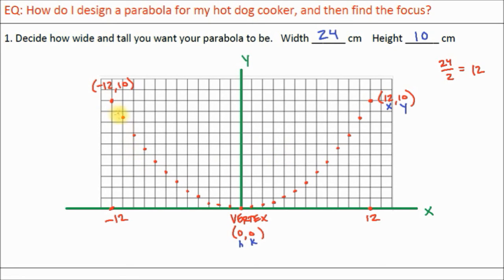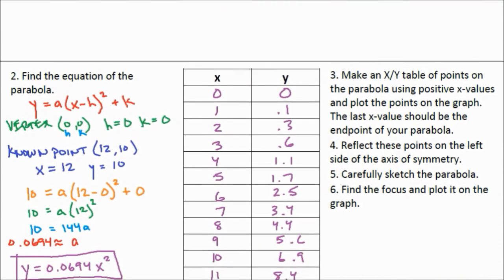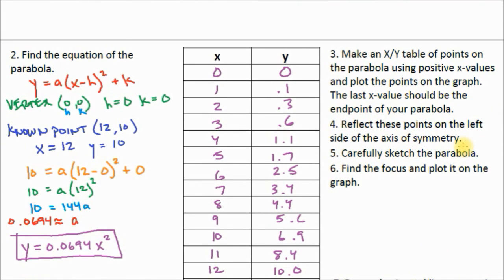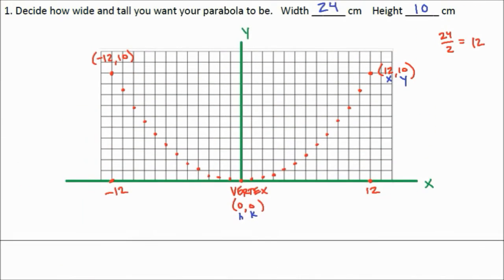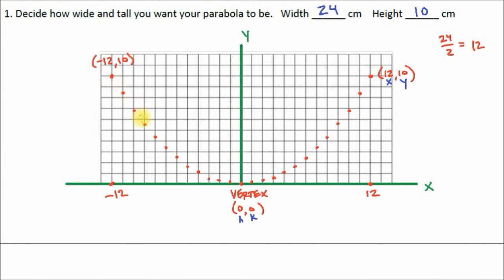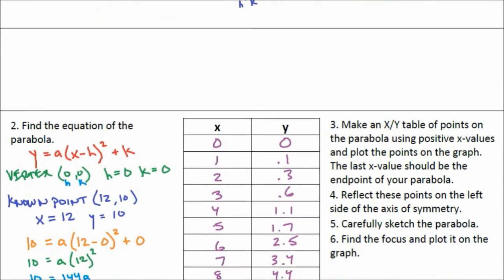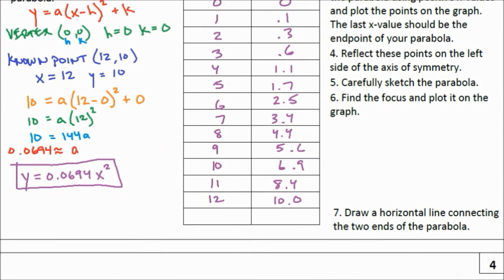Hopefully you've been able to draw those points and make a nice reflection on the other side of the y-axis. And now at this point, class, after you make the reflection, carefully sketch the parabola. So I suggest you turn the parabola upside down and make a nice curve through these points. Make it as precise as you can. I'm not going to try to do it on this video because I can't do that very easily with a writing tablet.